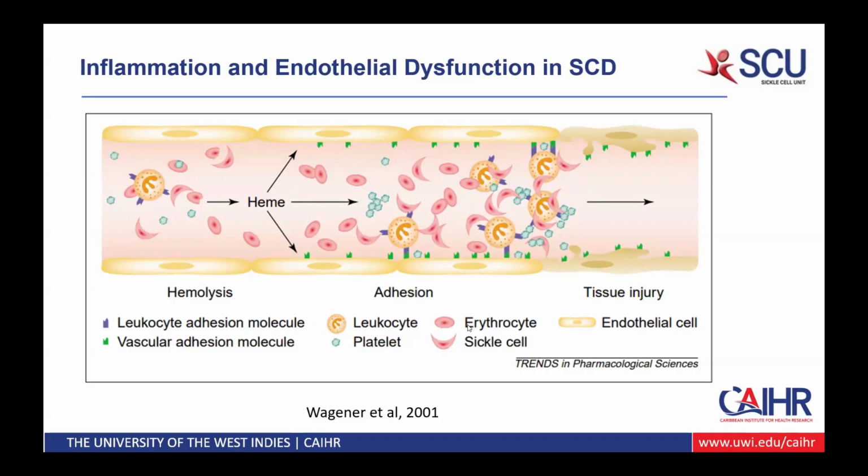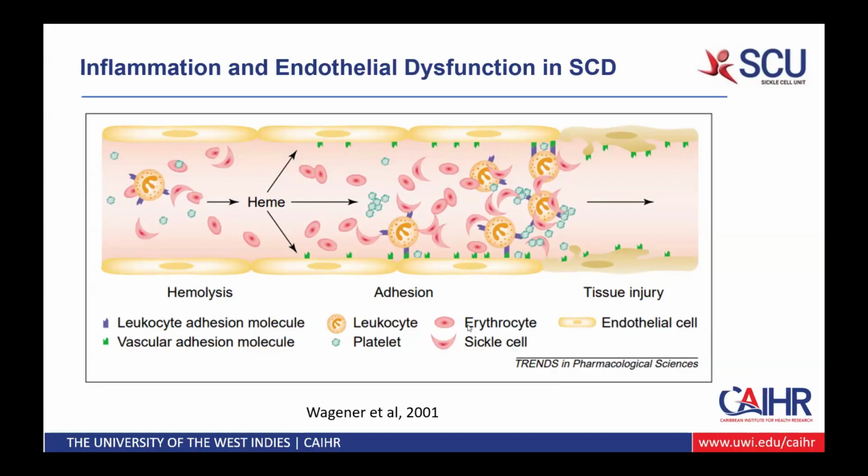These now very abnormal red blood cells are also going to cause blockages. The end result is a low blood count, and these blocked blood vessels can also cause organ damage. That's basically the backdrop of what is happening with all of these complications.